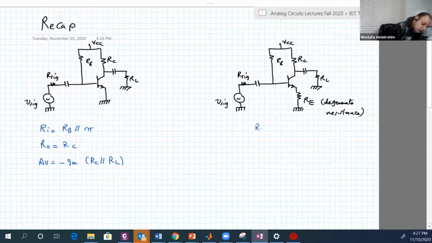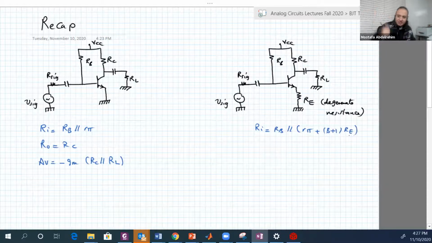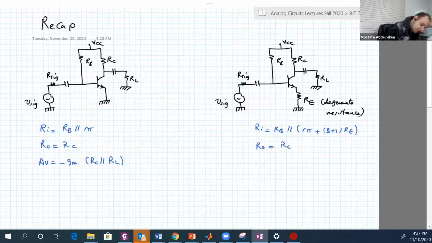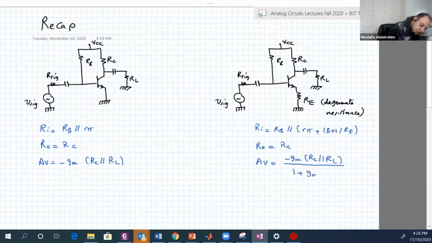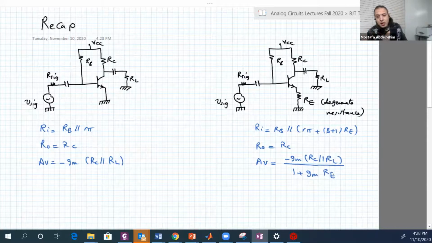Here, Ri changed, it became RB parallel to r pi plus beta plus 1 RE. It's higher, which is good. But RO is still the same. AV reduces, it became minus gm RC parallel RL over 1 plus gm RE, but it becomes more immune to beta changes or gm changes.